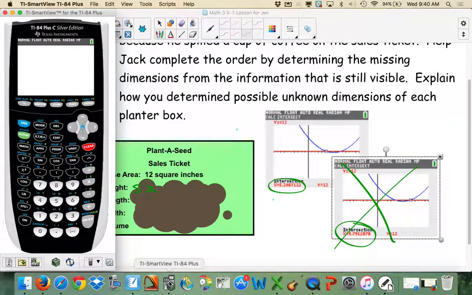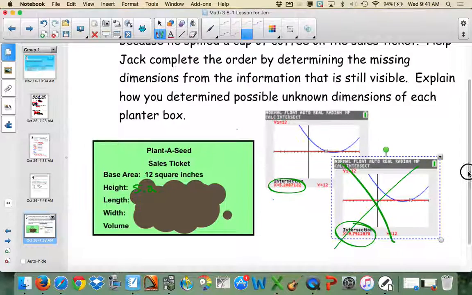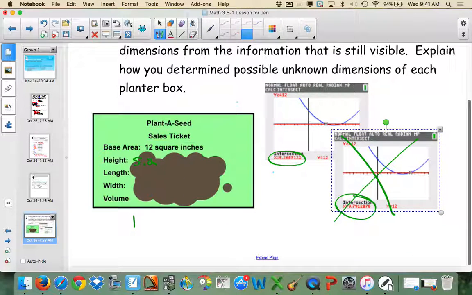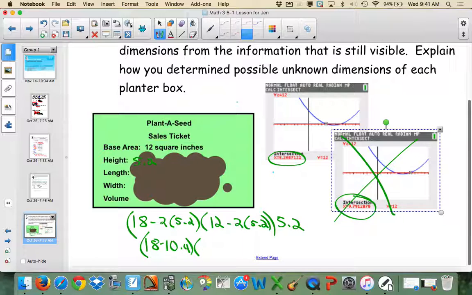So, I guess I don't need a calculator for that just yet. So that's going to be 18 minus 2 times 5.2, and then 12 minus 2 times 5.2, times the 5.2. And now I can let the calculator do that for me. So this is going to be 18 minus 10.4, 12 minus 10.4, times 5.2.